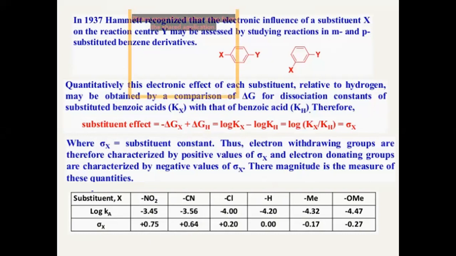Okay. Fine. And you go for the next point. See, if you take this log K, minus 3.56.